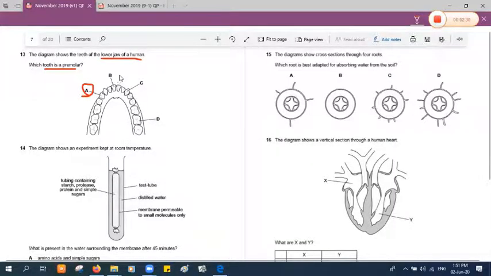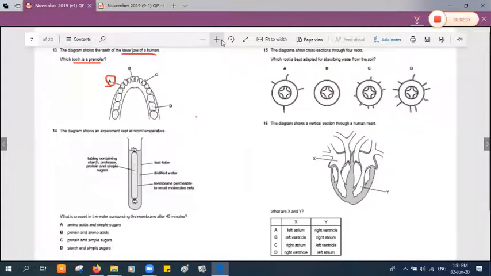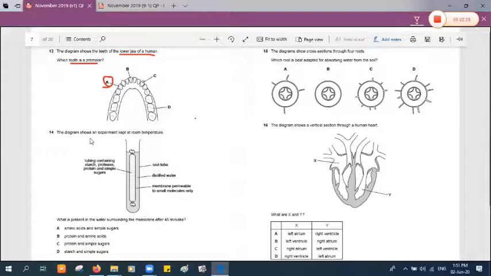Let's move to question 14 here. The diagram shows an experiment kept in a room temperature. What is present in water surrounding the membrane after 45 minutes? Okay, here we have a membrane.